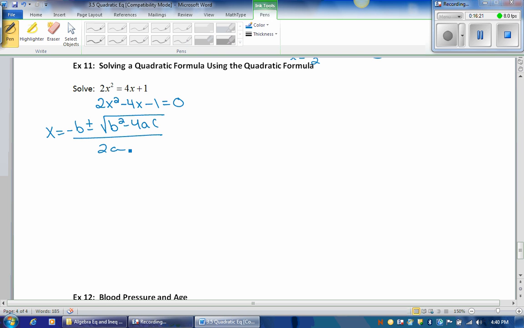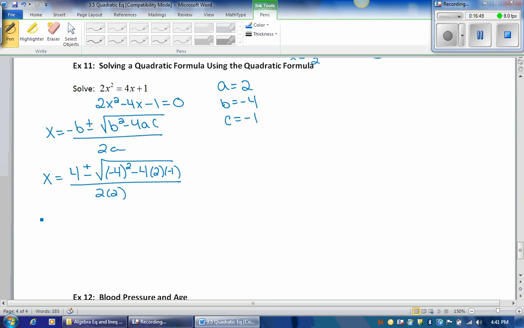Now we're going to use our formula. A is 2, B is negative 4, and C is negative 1. So we're going to go ahead and plug those in. Negative 4 becomes a positive 4, right? If I plug in a negative here and I have a negative out front already, it becomes positive. Negative 4 squared, notice I'm putting it in parentheses, minus 4 times 2 times negative 1, all over 2 times 2.